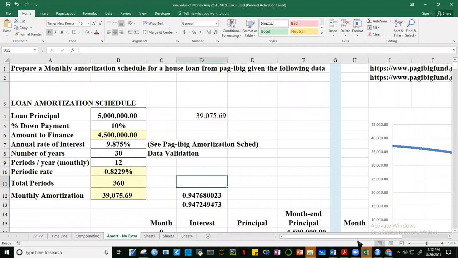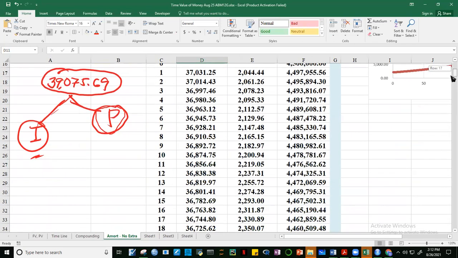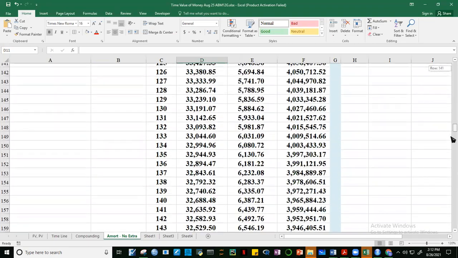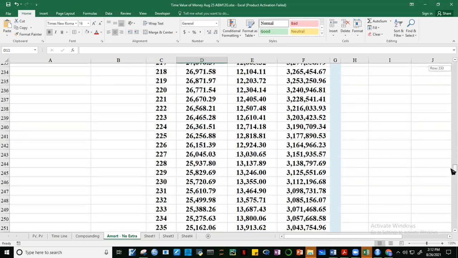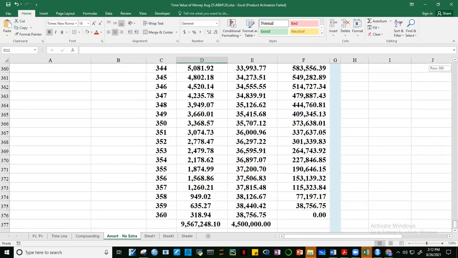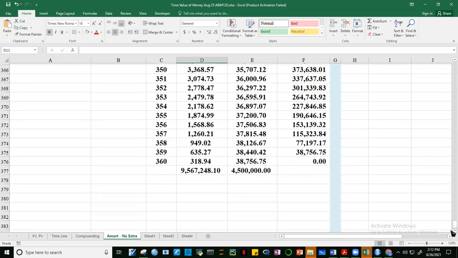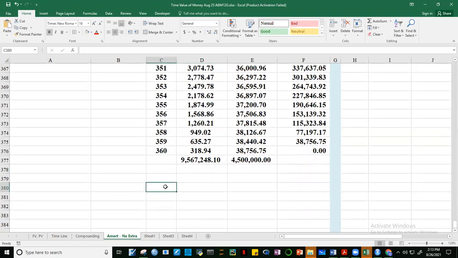Okay, so binalikan natin yung original problem. Okay, it's almost time guys. So for example, I can ask this question, we can create a table kung magkano yung interest payments natin for year 1.